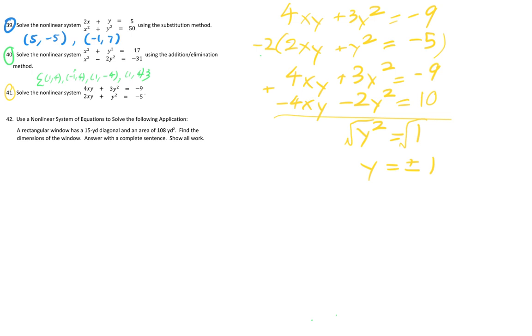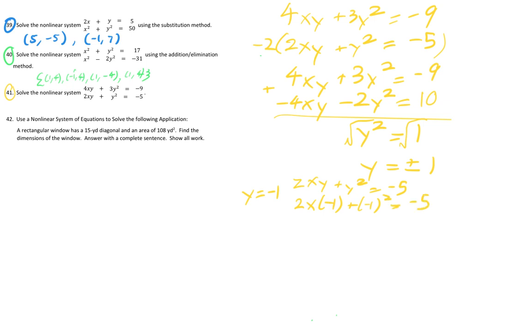So now, going back into our equation, we're going to go back to 2xy plus y squared is equal to -5. We're going to plug +1 in and -1. So when y is equal to -1, we're going to have 2x times -1 plus -1 squared is equal to -5.